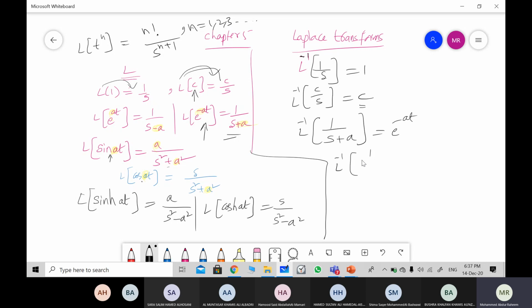L inverse of, how much? This is cosine at. This is e power at.